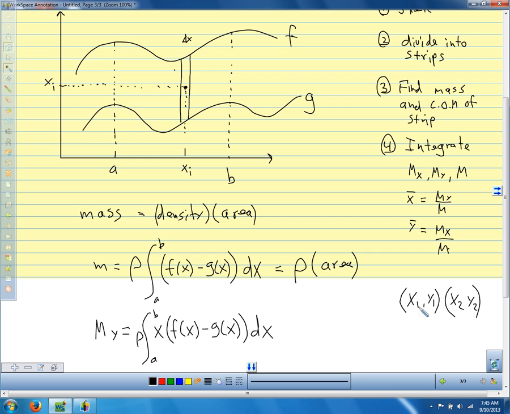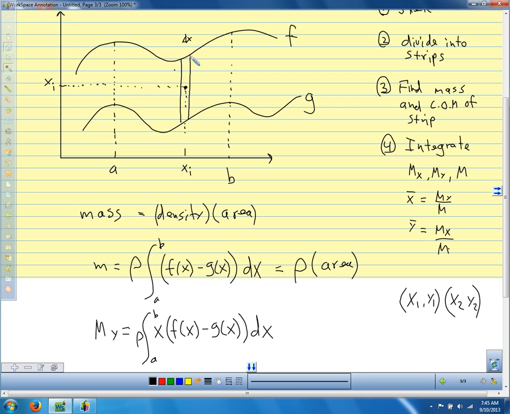How do we find the midpoint? x1 plus x2 divided by 2. And for the y coordinate? y1 plus y2 divided by 2. We're taking the average of the y coordinates, right? That gives us our midpoint.